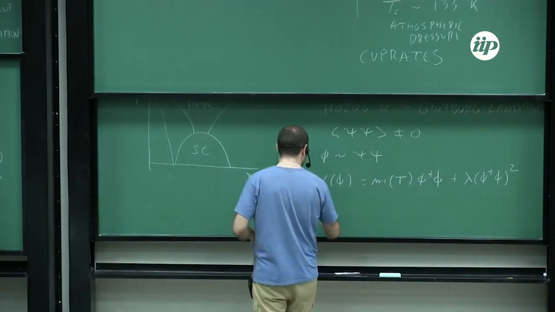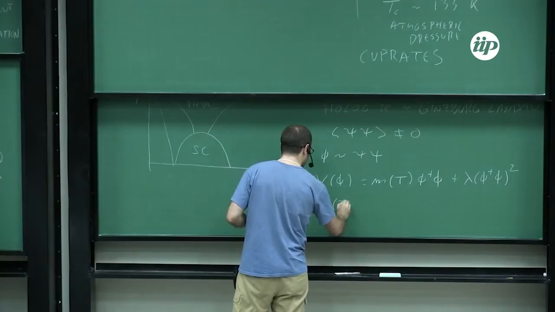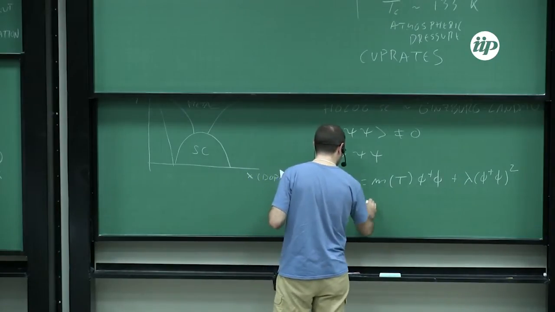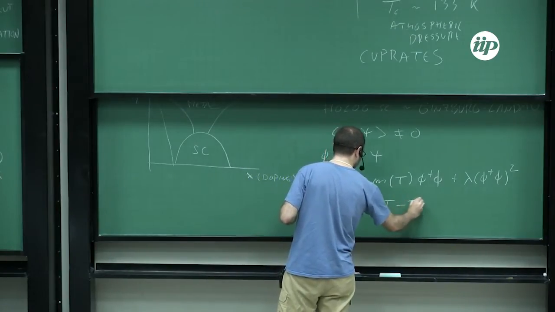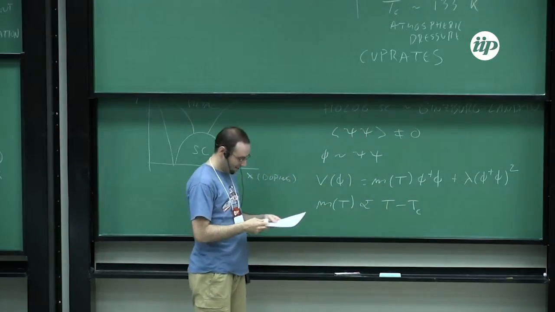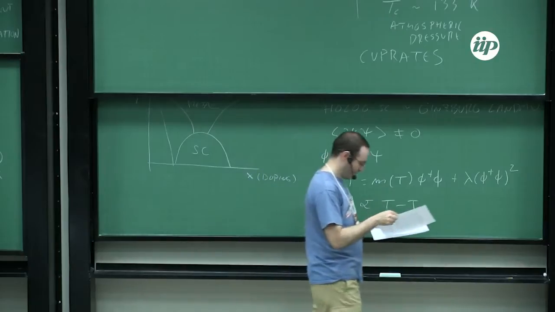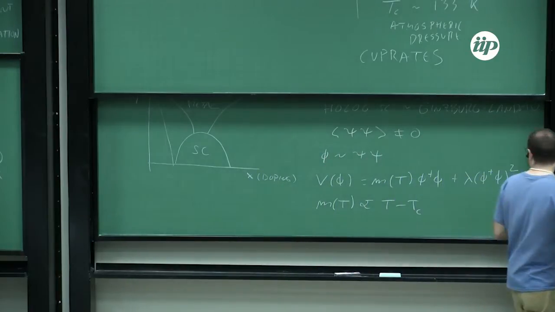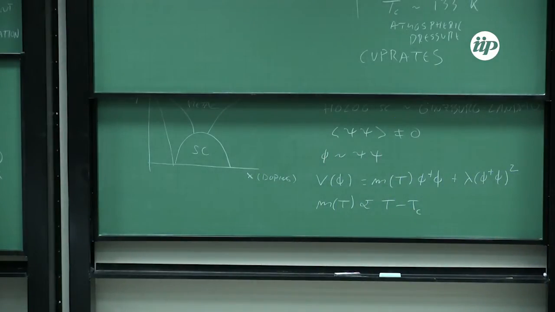This mass term depends on the temperature, and close to the critical temperature it goes to 0 linearly. So the mass will be positive if the temperature is above the critical temperature, and negative if the temperature is below.